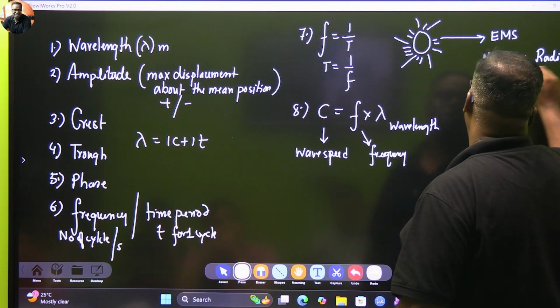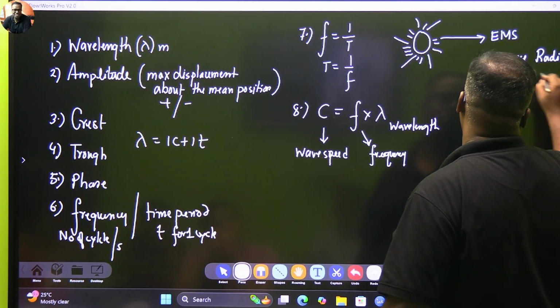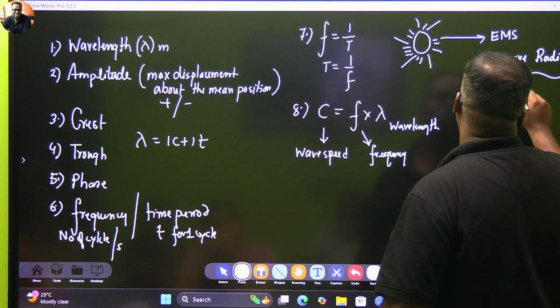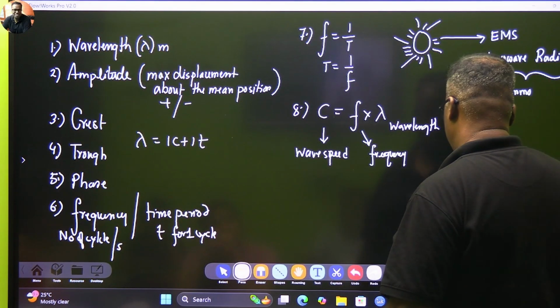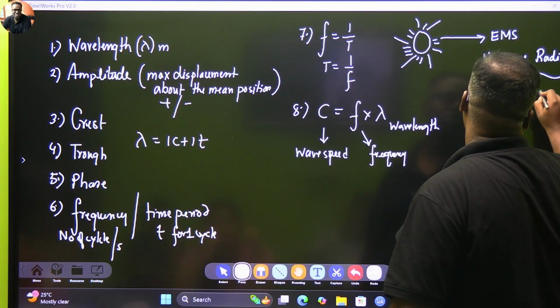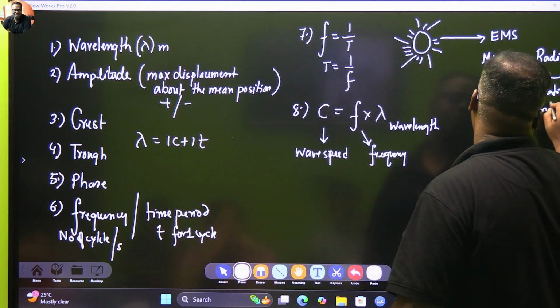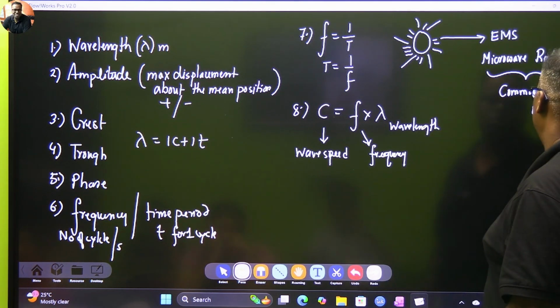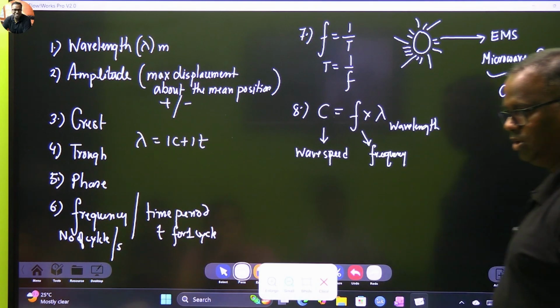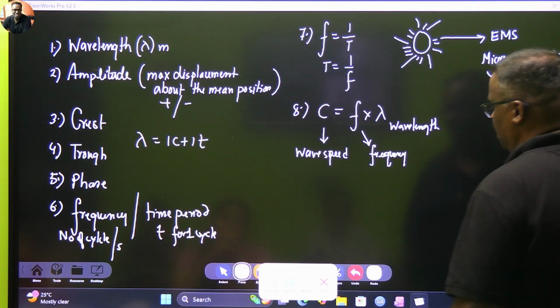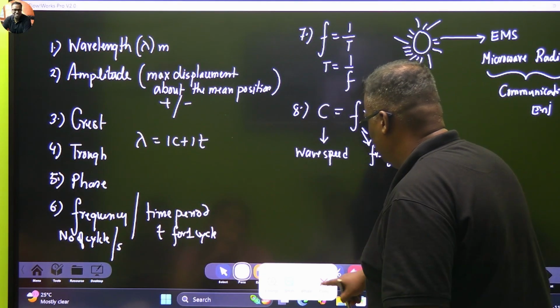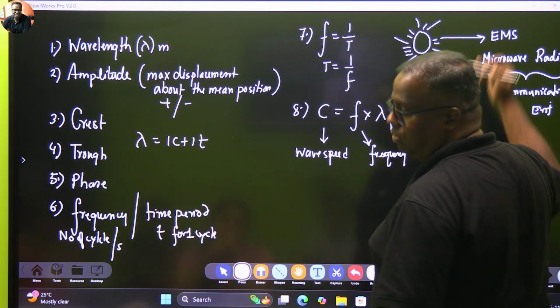This is actually responsible for all sorts of communication and entertainment, all sorts of audiovisual entertainment that you are seeing. Now, they're all coming by what? They're all coming by the speed of light.